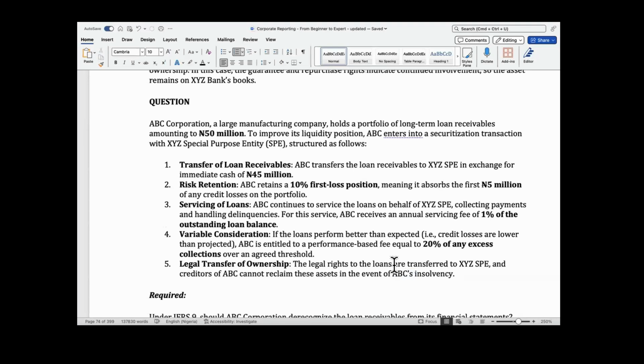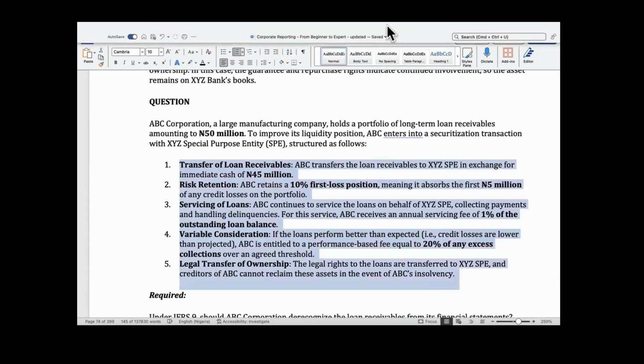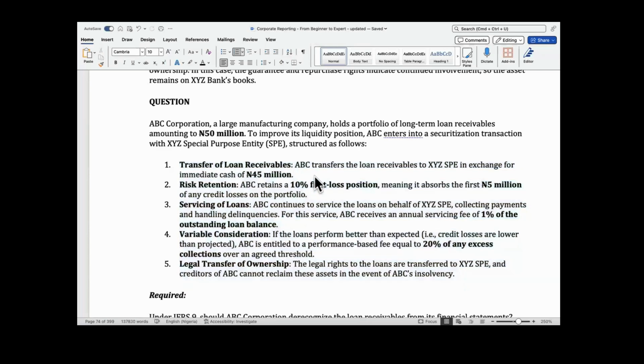Okay, now these are the scenarios. Two things we are looking for. We're going to analyze all this and get whether we will derecognize it or not. So don't forget the two derecognition criteria. Number one, the contractual rights to cash flows have expired. Number two, we have transferred substantial risk and reward. Number one, have we transferred the right to receive cash?